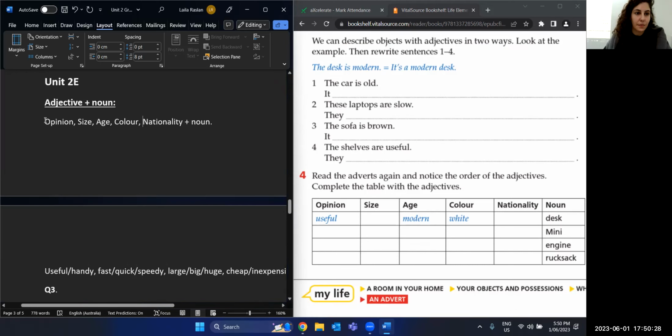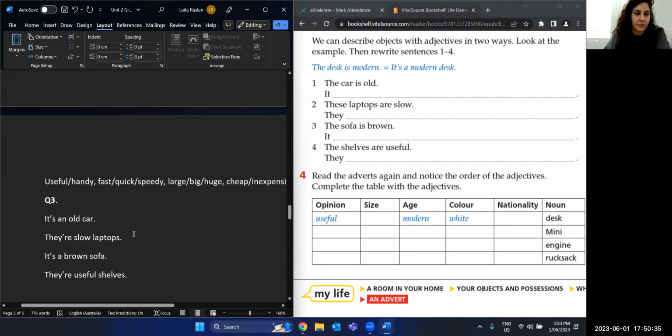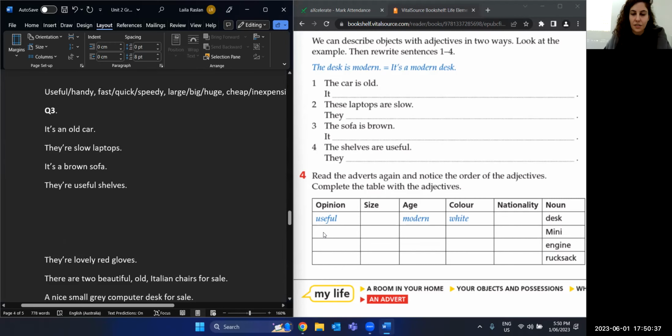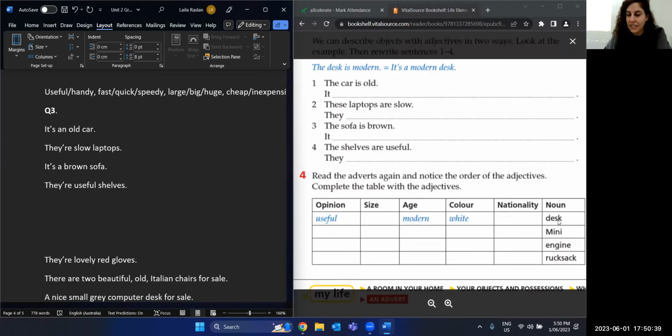So if I look at the desk, they said it's a useful, modern, white desk. That's how we say it. We don't say it's a white, modern, useful desk. Which still makes sense. White, modern, useful desk.